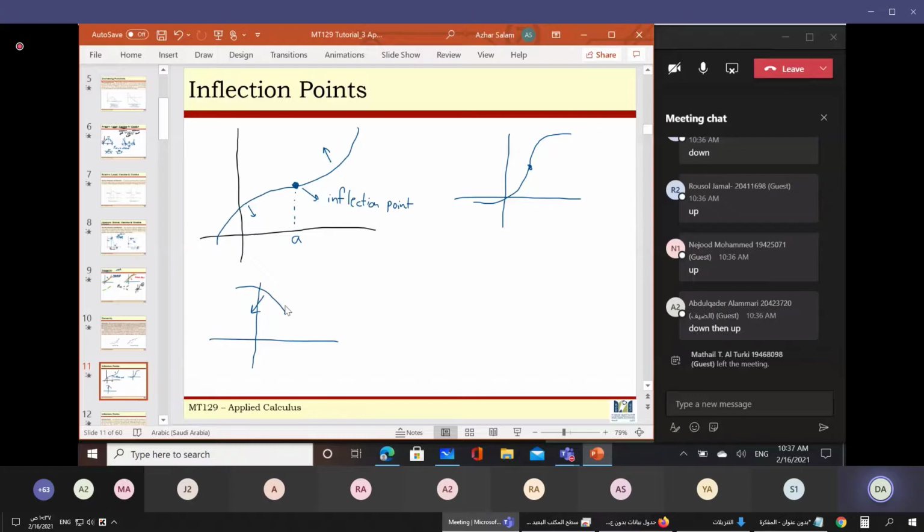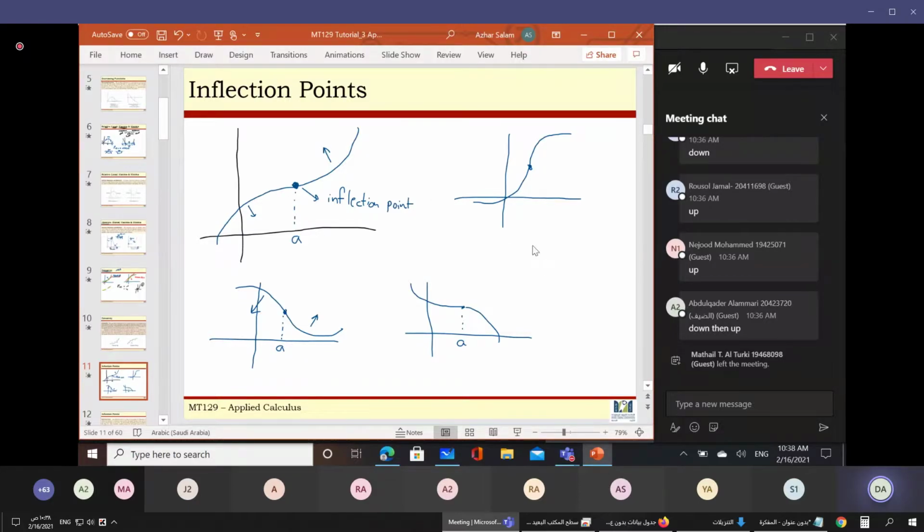When I draw a tangent, the function lies below the tangent, until this point, where it changes the concavity to up, like this. So here, I call A an inflection point. It changes from concave down to concave up, or from concave up to concave down. Okay, these are the possibilities of inflection points.